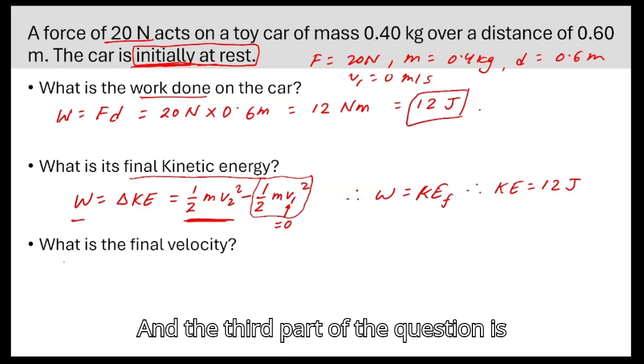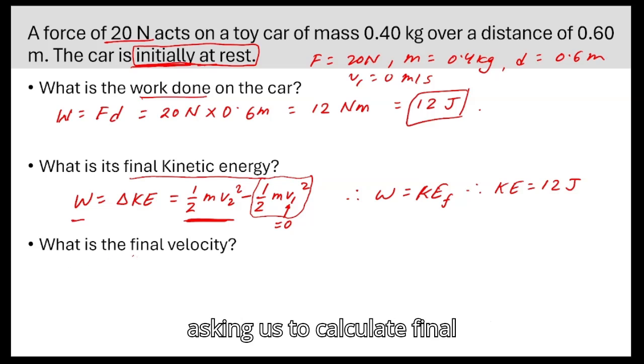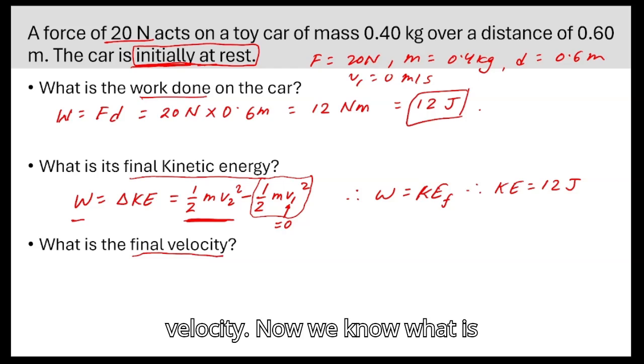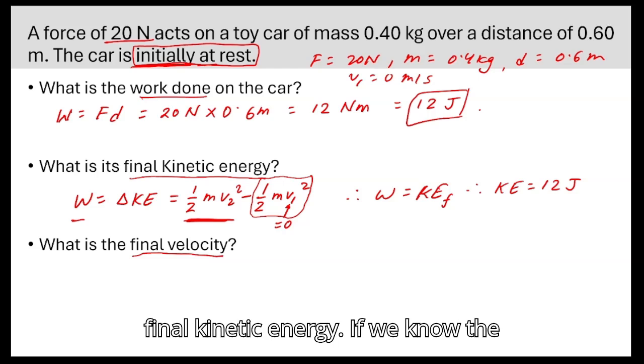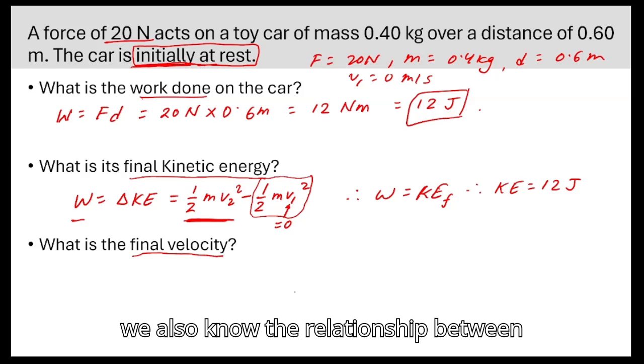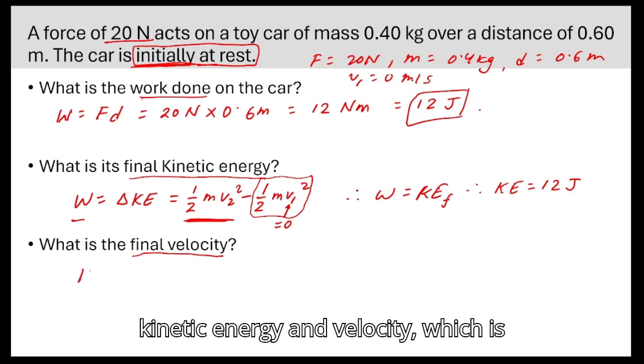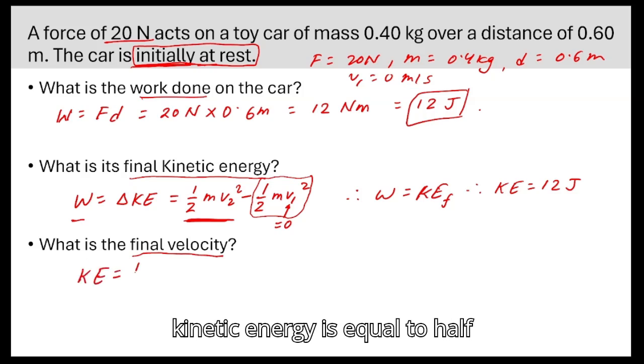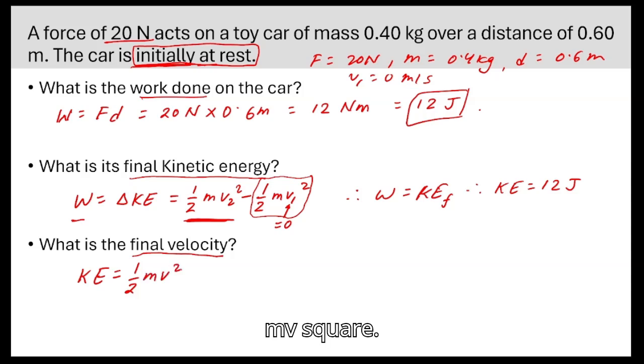The third part of the question is asking us to calculate the final velocity. Now we know the final kinetic energy, and we know the relationship between kinetic energy and velocity, which is kinetic energy is equal to half m v squared. If we isolate velocity, what will we get?